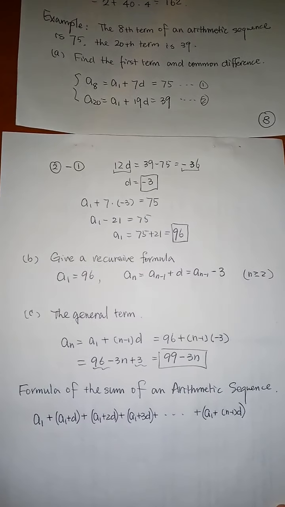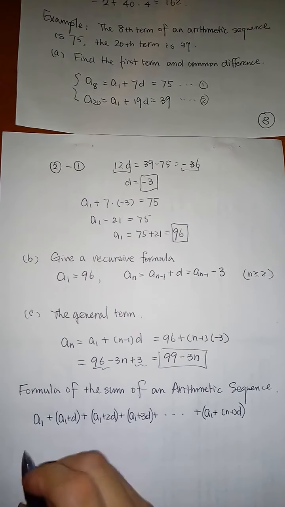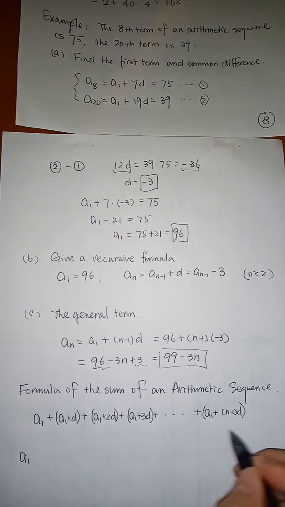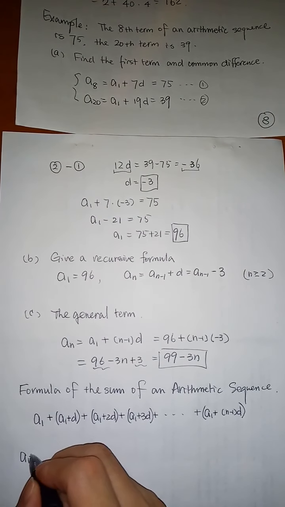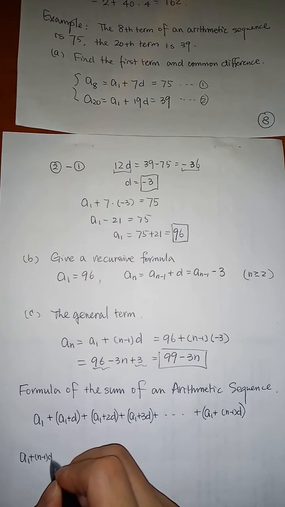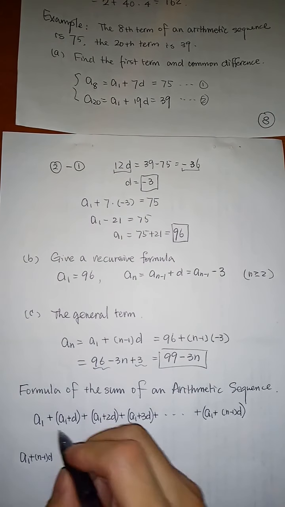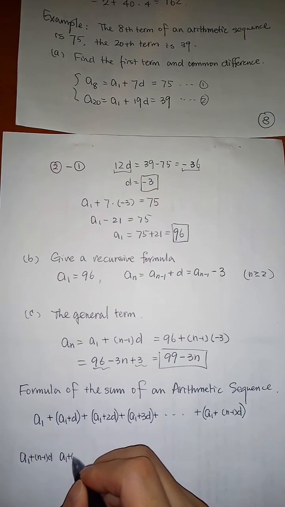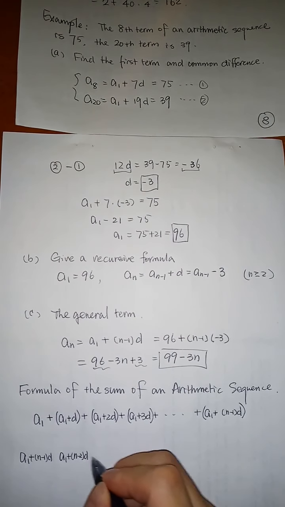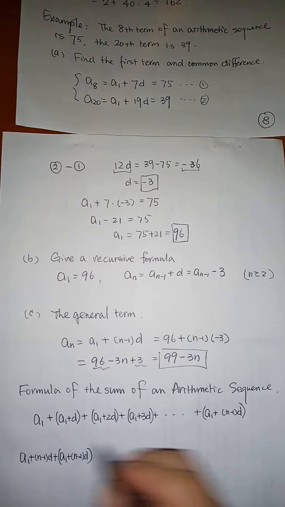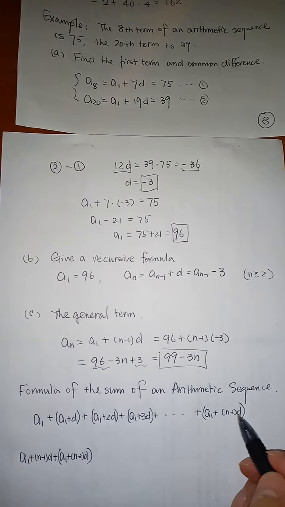And in order to add them, we have a very famous trick. We're going to change the order and write this sequence again. So we will write a1 plus n minus 1 d first in the column. And before it, it is a1 plus n minus 2 d. Every time you lose some d.